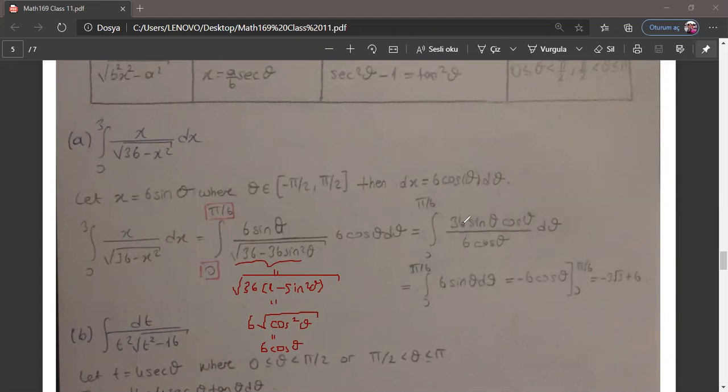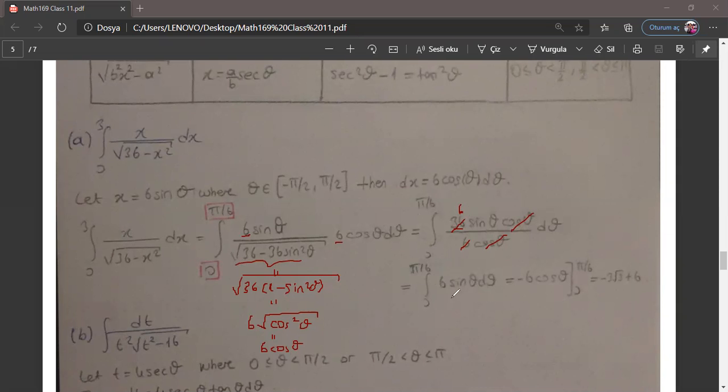So what do we have? We have 36 here. Okay, then sine theta, cosine theta there over 6 cosine theta from this d theta. We simplify it and get 6 sine theta. So it's so easy to integrate, right?